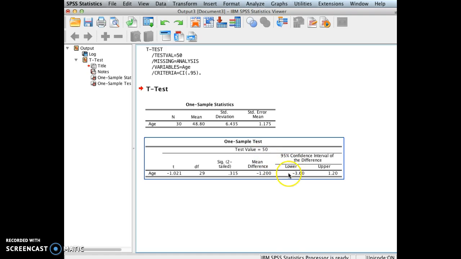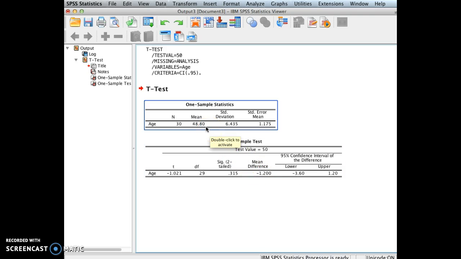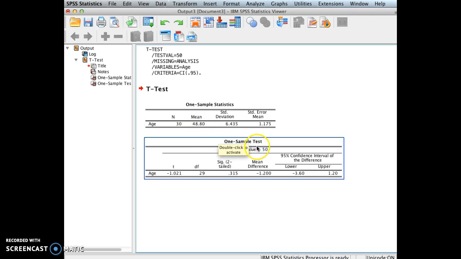The table also has a 95% confidence interval around the mean difference. The mean difference is the observed mean difference from our sample when we compare this sample mean to the population mean.